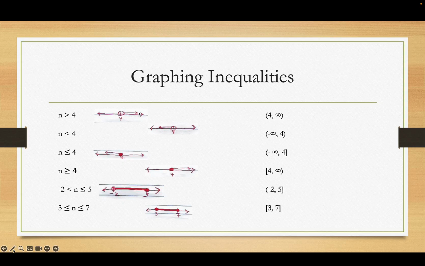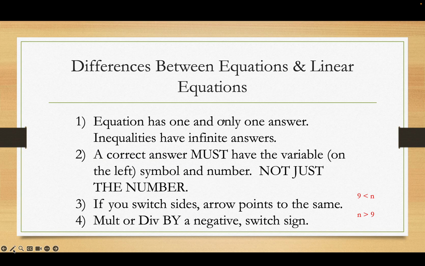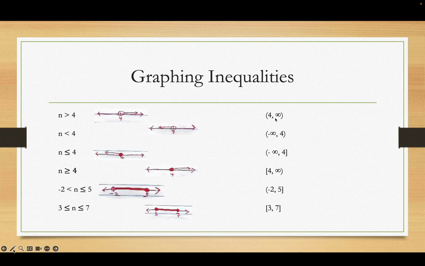I start at 4 and I go all the way to infinity. I'm not allowed to equal 4, so I put a parenthesis. If I am allowed to equal it, I put a bracket. Pretty cool reasoning to explain with that a couple of minutes from now.